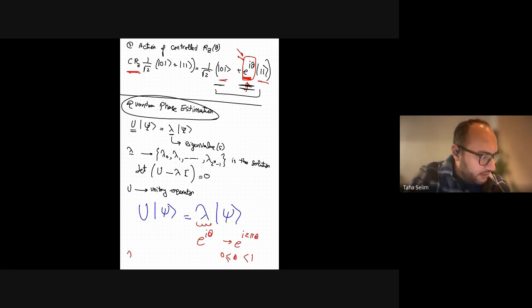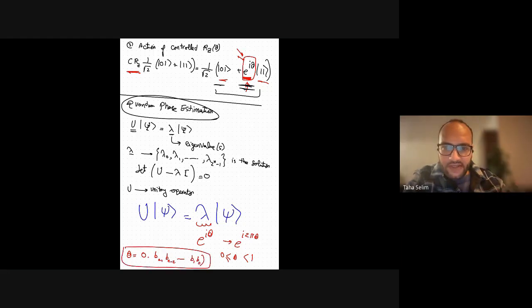If I can represent theta in binary format, then I can compute theta as we have seen in the quantum Fourier transform. If I can get this binary string, I can get the decimal value, and then I can compute the eigenvalue problem.